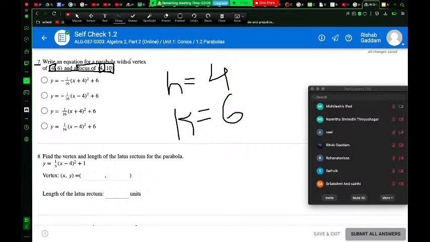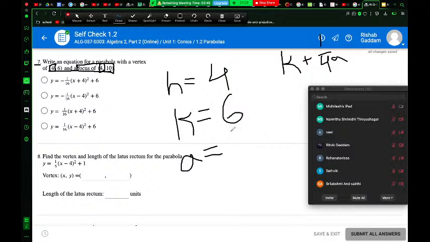The formula for a focus was h, k plus 1 over 4a, right? So you can use this formula to calculate the value of a.